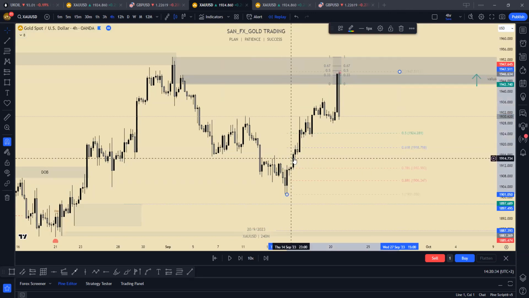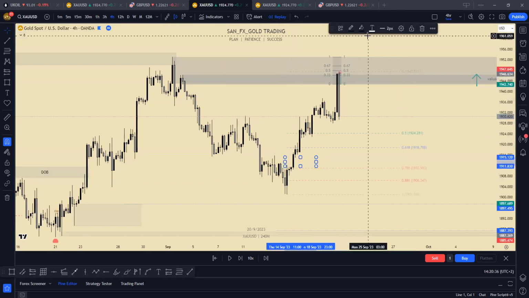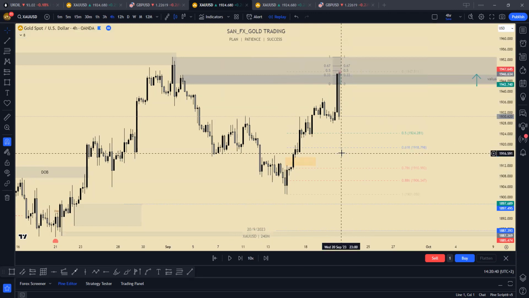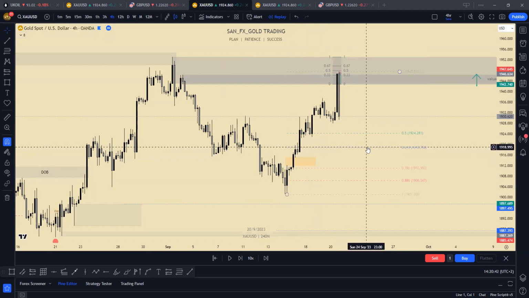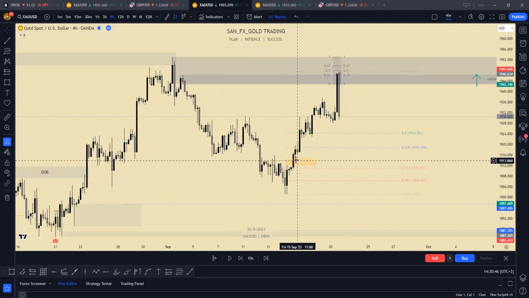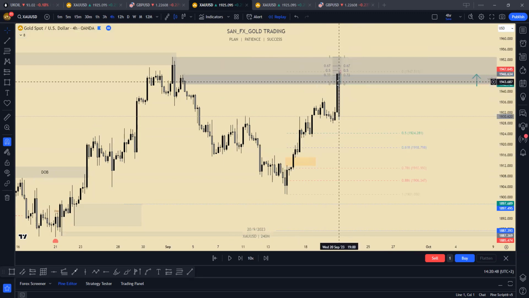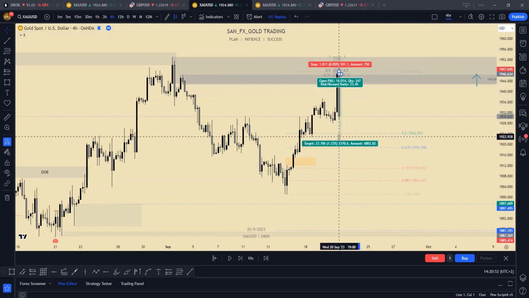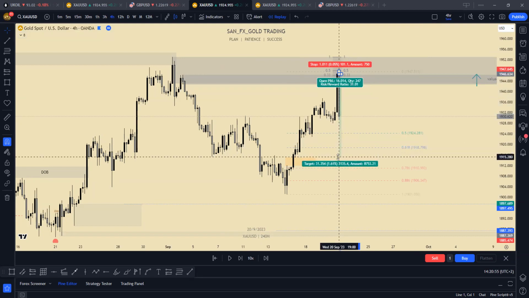You can see here is a gap, like this yellow one. And the safe target is the gap top. So just choose like this.